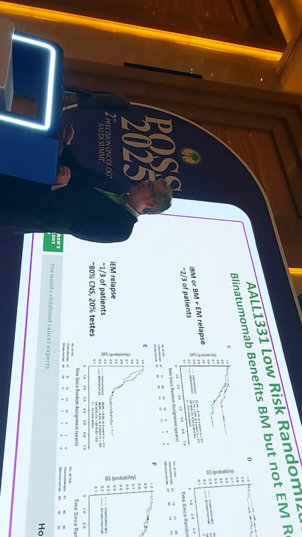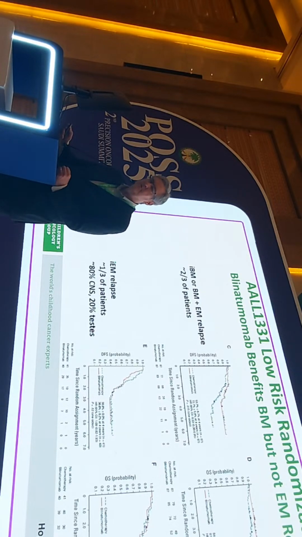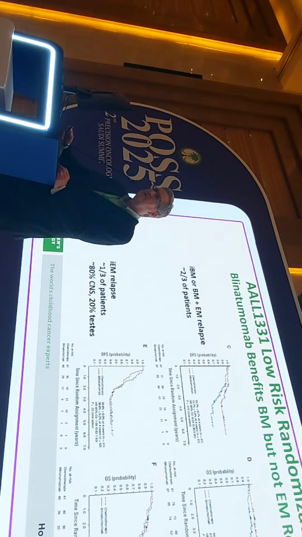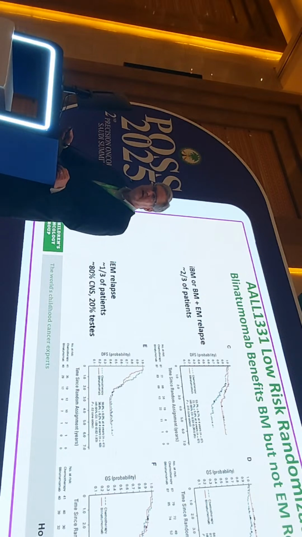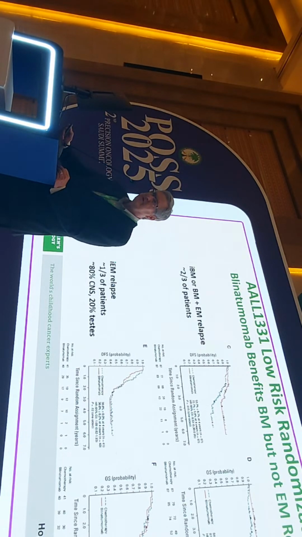And the overall survival, although you probably can't see the numbers here, is 97% at 4 years, which is remarkably good for patients with relapsed leukemia. In contrast, in the bottom half, patients with an isolated extramedullary relapse, of which about 80% were isolated central nervous system and 20% were isolated testicular relapse, had a very poor outcome with immunotherapy and no benefit to blinatumomab.